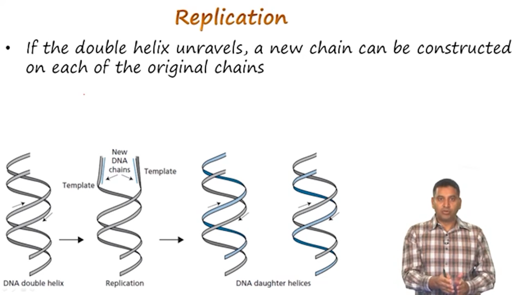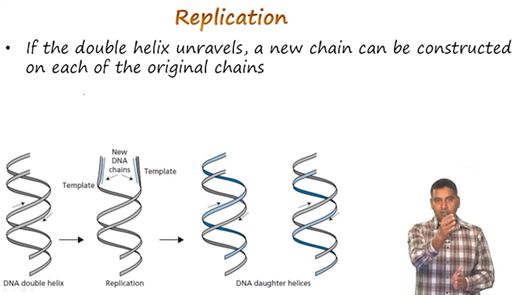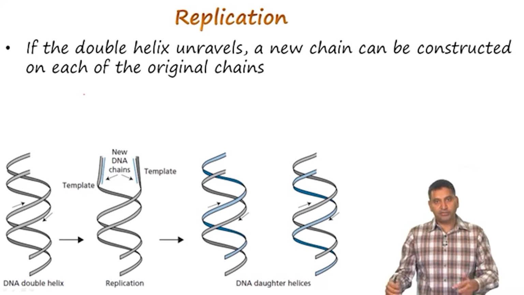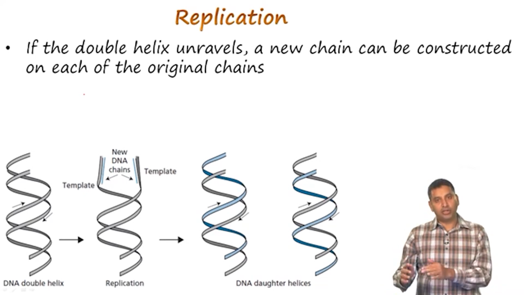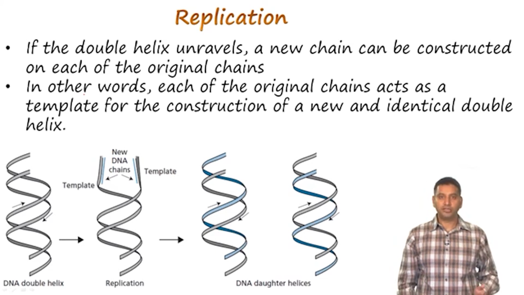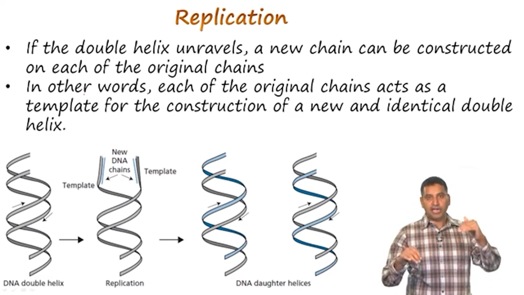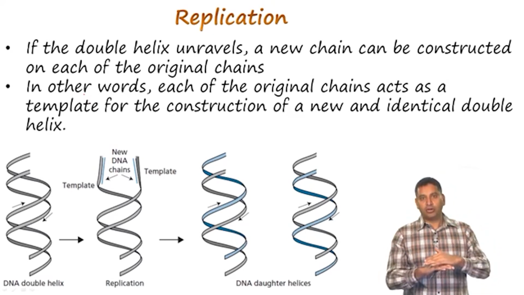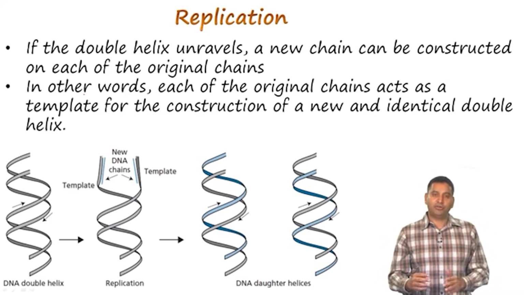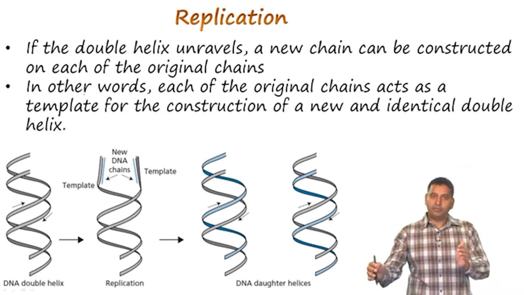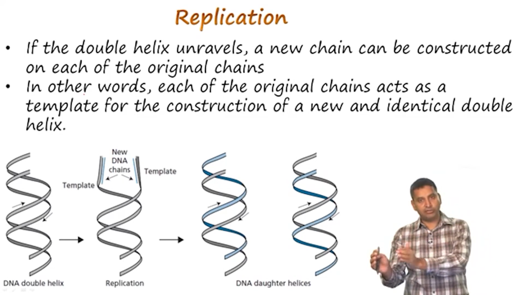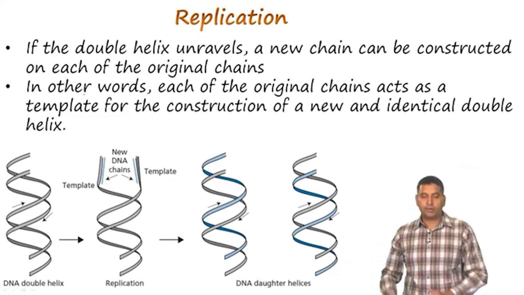And so, when the DNA grows, it forms the complementary base pair, and once it replicates, you have two daughter DNA helices which are identical to the parent. In other words, each of the original chains acts as a template for construction of a new and identical double helix. So, what this ensures is that during cell division, the genetic information that is present in the parent is actually transferred to the daughters.